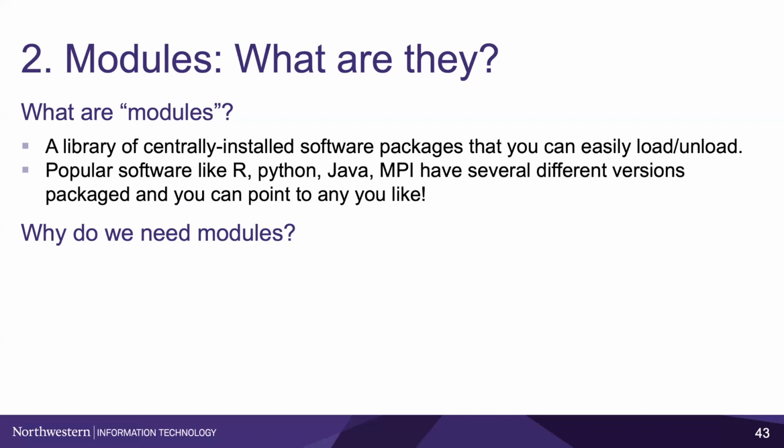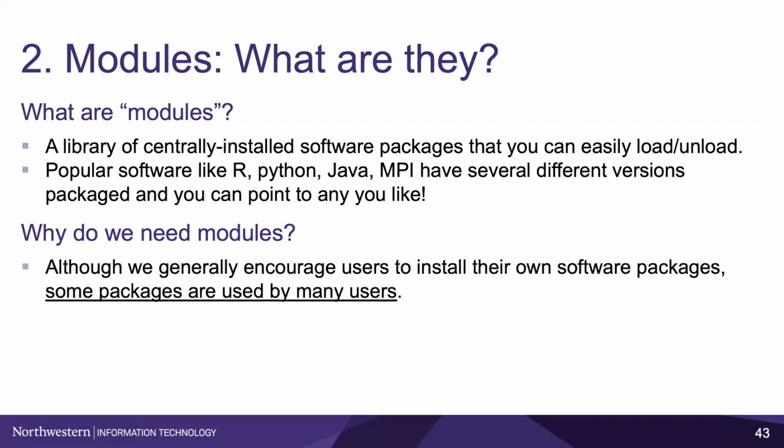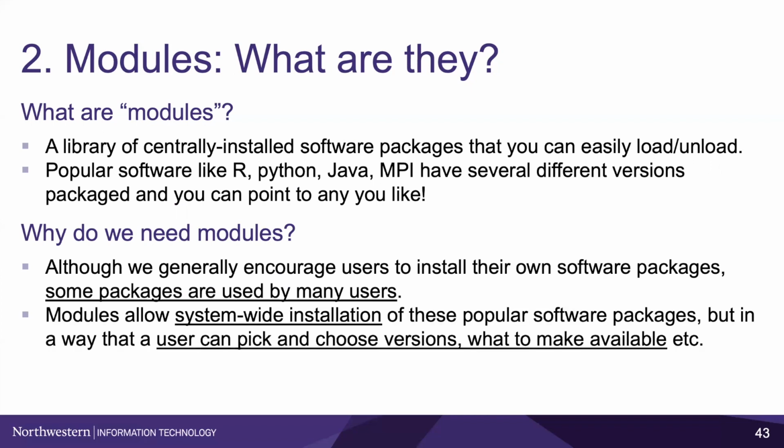The reason why we need modules is that although we generally encourage users to install their own software packages, some packages are used by many users, such as R and Python, for example. Modules allow system-wide installation of these popular software packages, but in a way that a user can pick and choose versions and what to make available in your own environment.